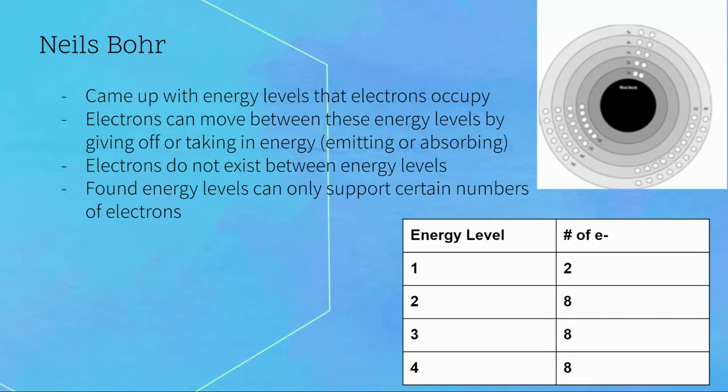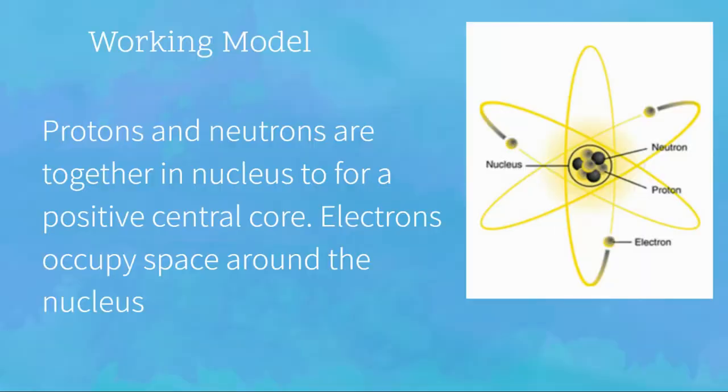But as you move away from the center of the city, or the nucleus, and you buy a bigger house, you can fit more people in it. So the next level you can fit 8 people. Now for the levels that we are going to discuss in Science 10, it will be 8 the whole way through. So for levels 2, 3, and 4, the maximum amount of electrons that you can have is 8. We call those electrons valence electrons. And when they are full, we call that having a full octet, which we're going to talk about more shortly.